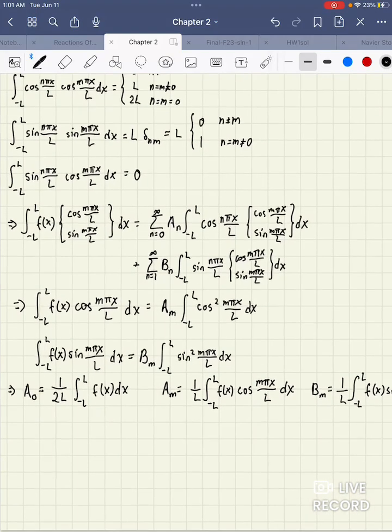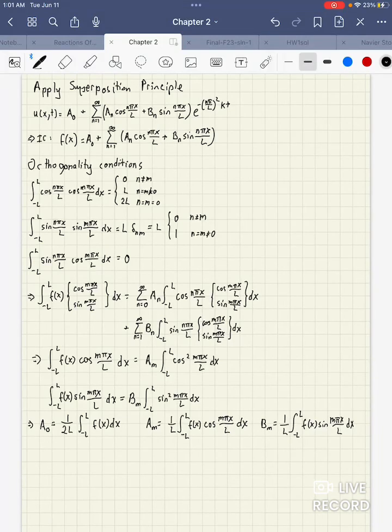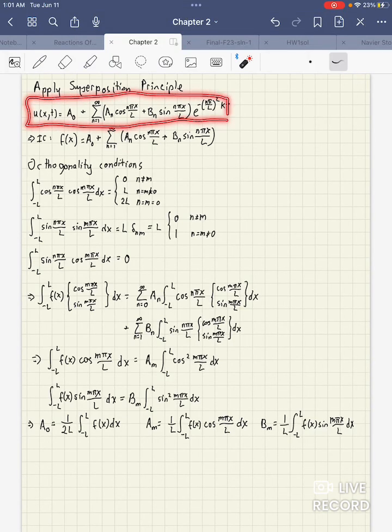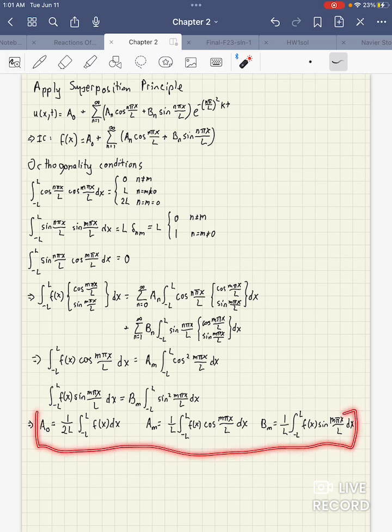So here are my coefficients, and this is the solution of my PDE with these coefficients.